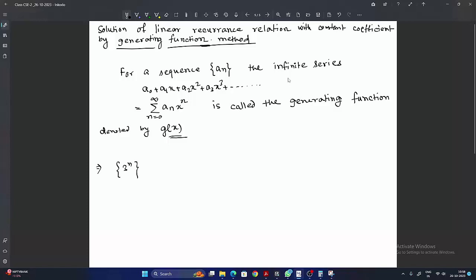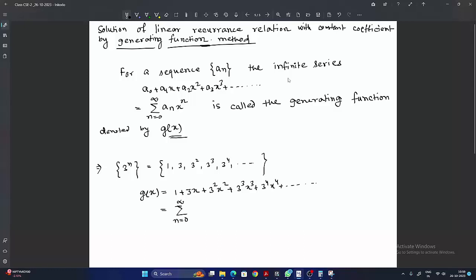The first term is 3 to the power 0, which is 1, the second term is 3, then 3 square, 3 cube, 3 to the power 4, and so on. So g of x will be: first term 1, then corresponding to 3 you put 1x, corresponding to 3 square you put x square, corresponding to 3 cube you put x cube, and so on. Simply, the sum n equal to 0 to infinity of 3 to the power n times x to the power n.